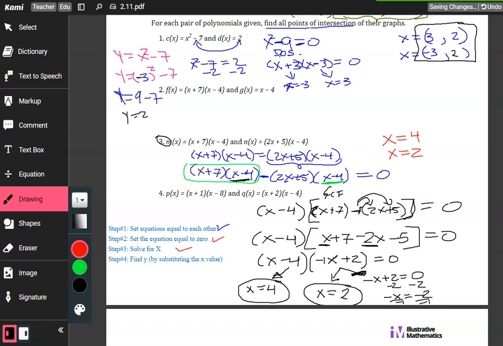And step 4 of the problem, you've got to find the y coordinate by substituting the x value. So you're going to take 4 and plug it into either the m of x or the n of x. It doesn't matter. So let's plug it into, say, the m of x.